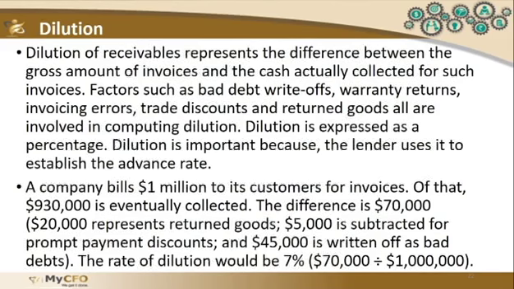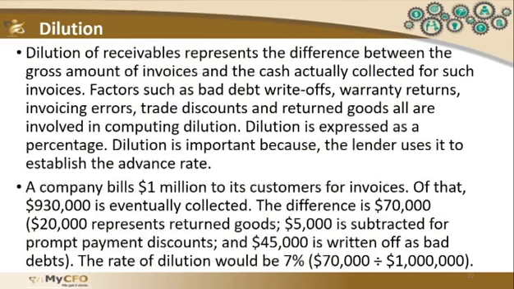Dilution. The aggregate value of the shortfall between the amount invoiced by a borrower and the amount actually paid by that company's debtor. The delta is called dilution. Typical dilutions are credit notes, settlement discounts, and any debit note.